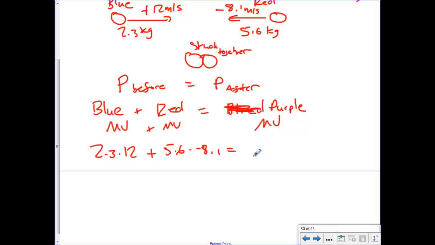So if it was 5.6 and 2.3, that adds up to 7.9 times the velocity. So 2.3 times 12, I'm just going to do it really step by step. I got 27.6. And on this one I got negative 45.36.